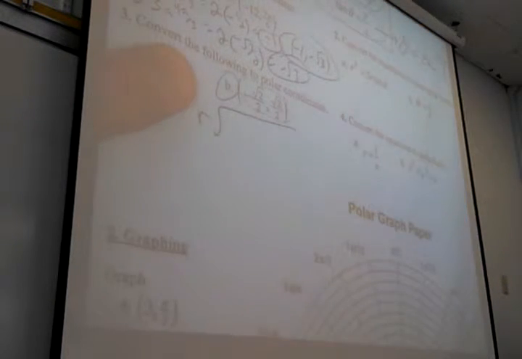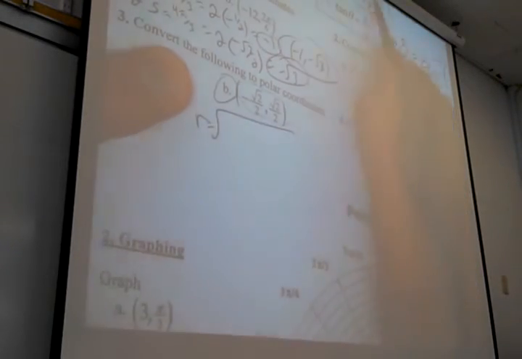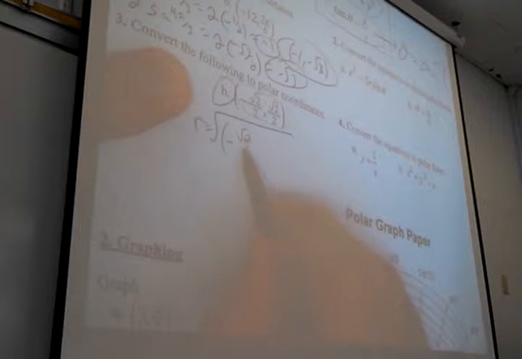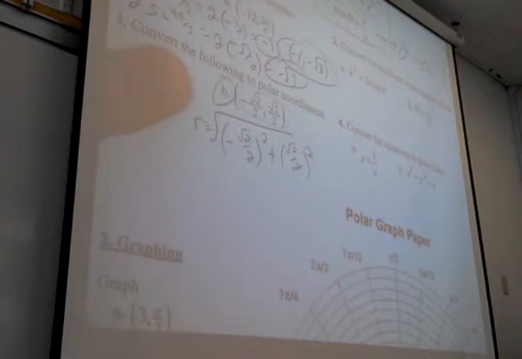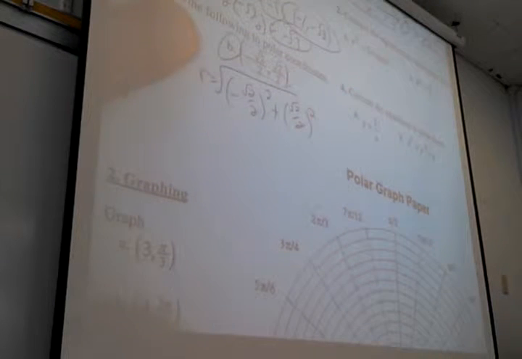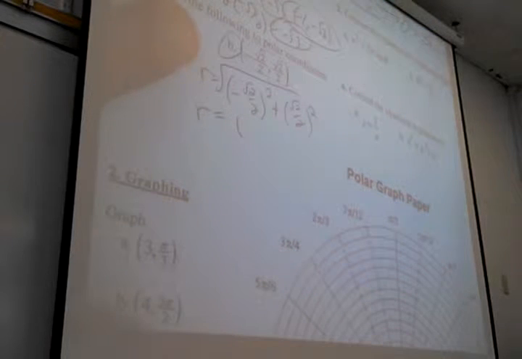Good, xy. So then r squared equals that, so r equals the square root of x squared plus y squared. Cool. So what do you get for that? You get 2 fourths plus 2 fourths. And the square root of 1 is 1.